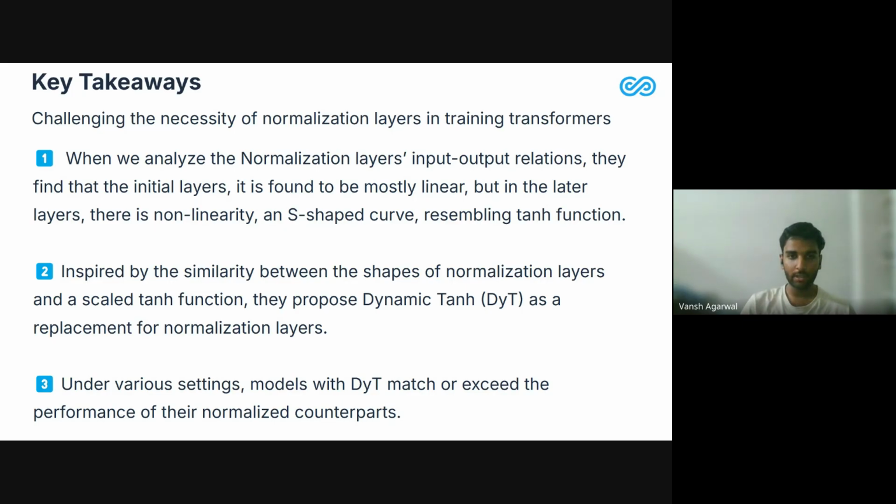Given the similarity between the shape of these layers and the scaled tanh function, they propose a new function called Dynamic Tanh as a replacement for these normalization layers altogether. They find that under various settings, these models match or exceed the performance of their normalized counterparts.